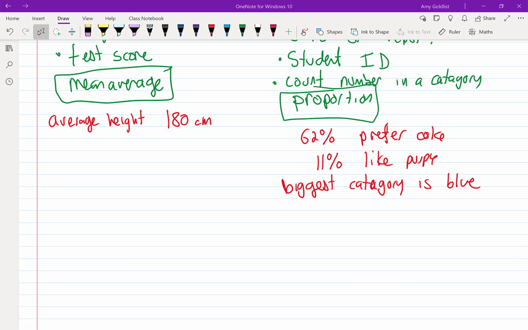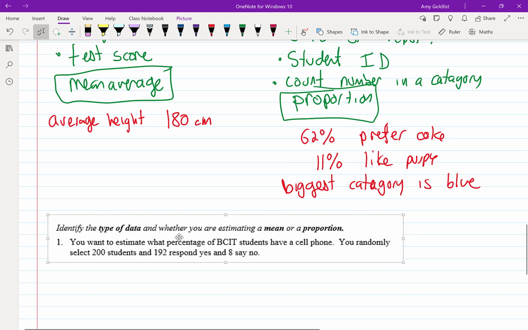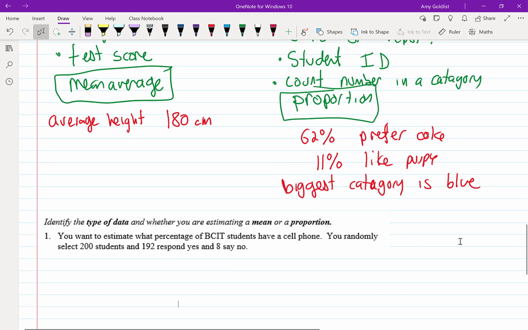That's not an average per se, but it's still a useful piece of information. Let's do some examples. Just make this a little bit bigger. Identify the type of data and whether we are estimating a mean or a proportion. First, you want to estimate what percentage of BCIT students have a cell phone. You randomly select 200 students and 192 respond yes and 8 say no. What type of data is this?